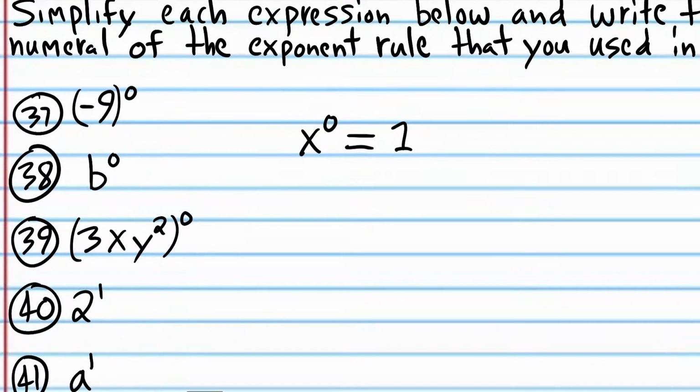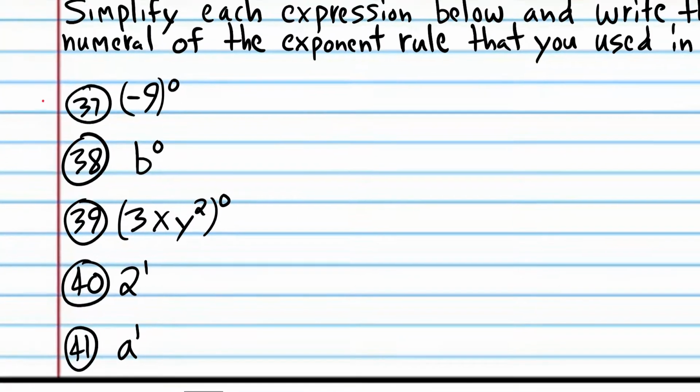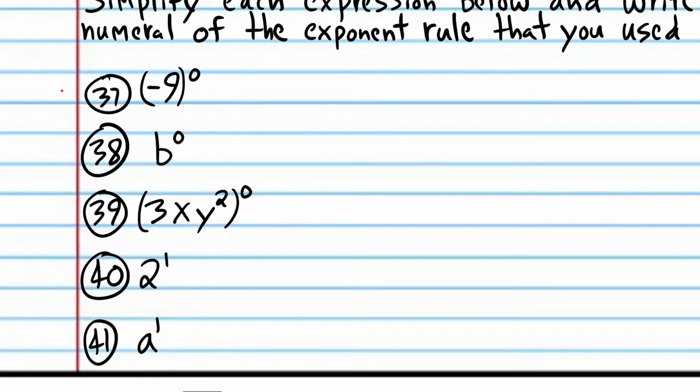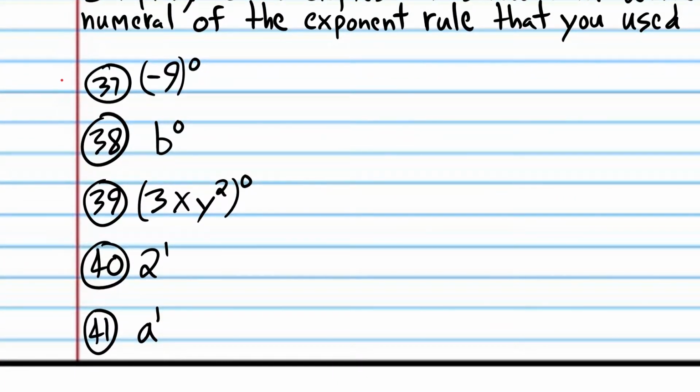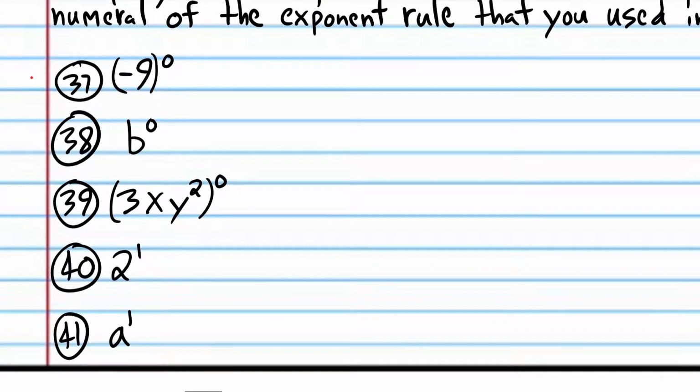What you're going to find is when you have these strange powers, and you look at their definitions, rules number 6, 7, 8, 9, and 10, those last rules, those definitions are a result of mathematicians trying to universalize the exponent rules. They want the exponent rules to work for every type of power.